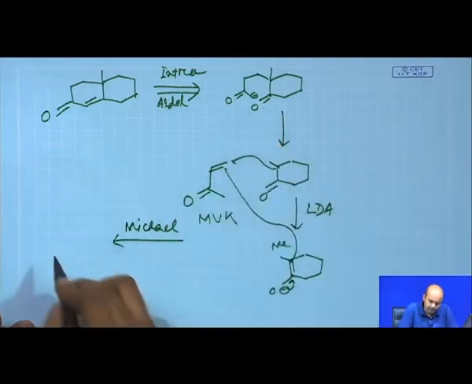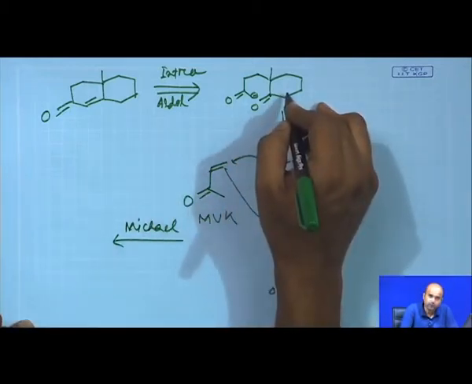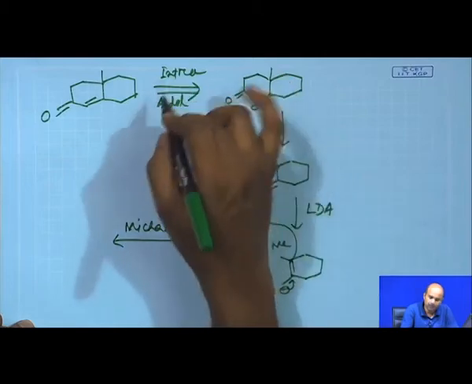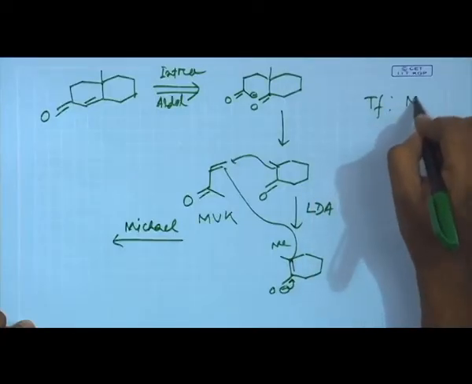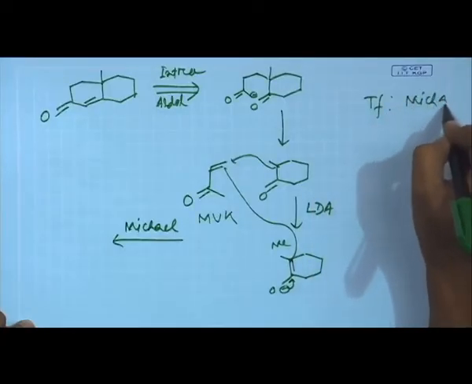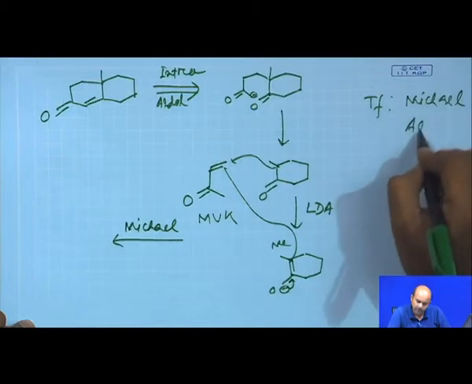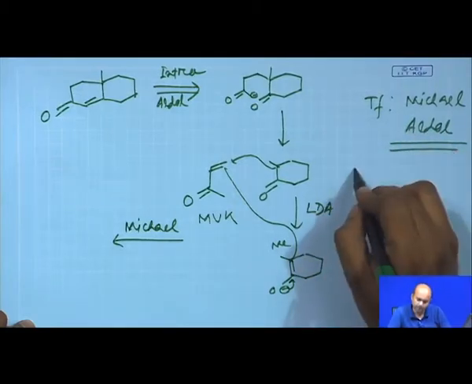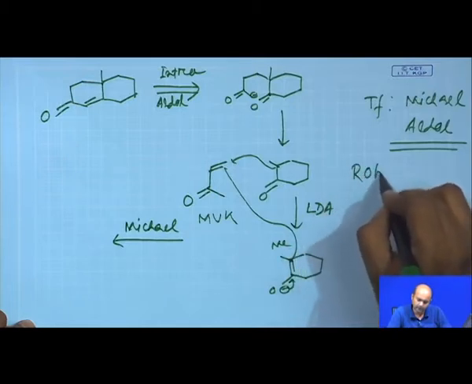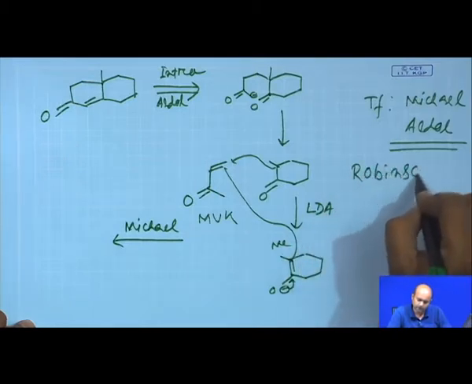So, you get the product as I have drawn here, then aldol. The main highlight of the synthesis is this transformation: we used a Michael reaction followed by an aldol reaction, and this entire reaction sequence is named Robinson annulation.